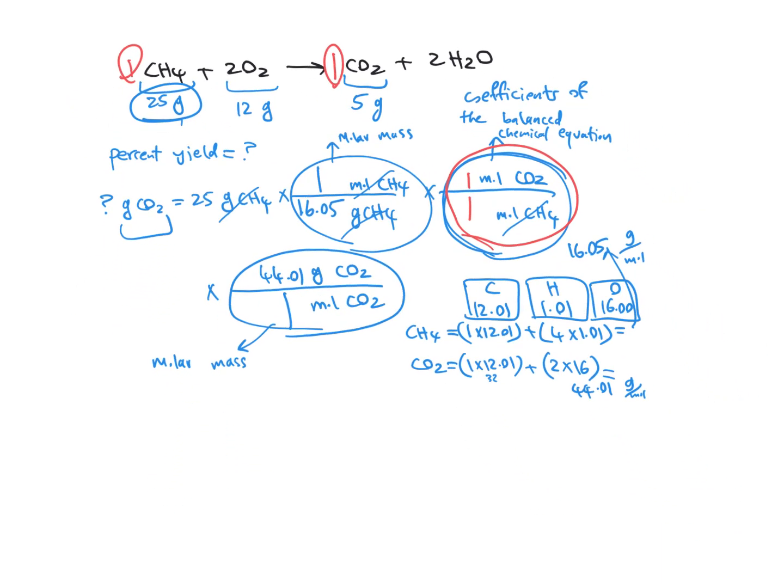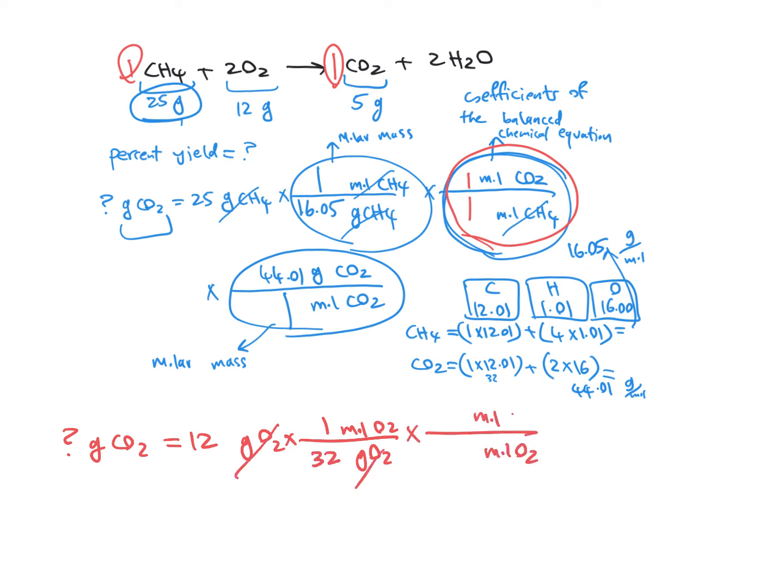So what you do, you write that how many grams of CO2 equals 12 grams of O2. And then converting grams to moles by molar mass, and then moles of O2 to moles of CO2 with coefficients of the balanced chemical equation, and converting moles of CO2 to grams of CO2. I already wrote this number here.